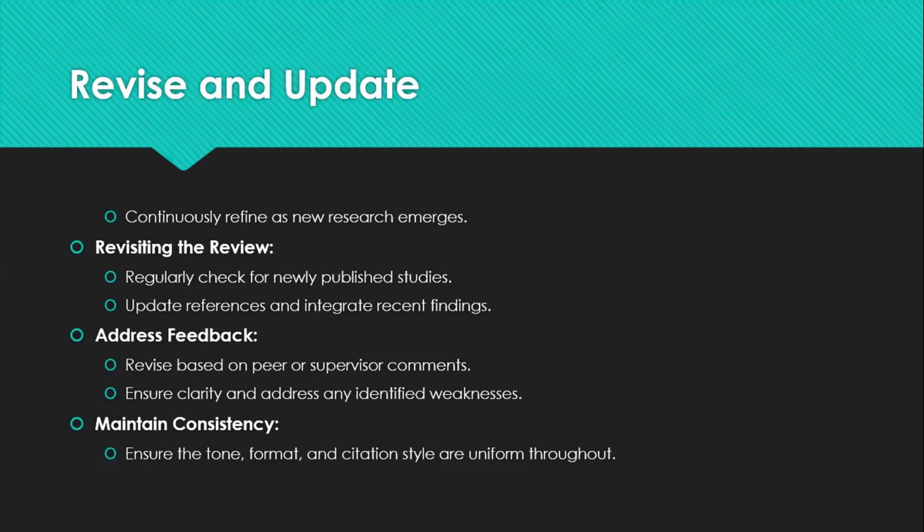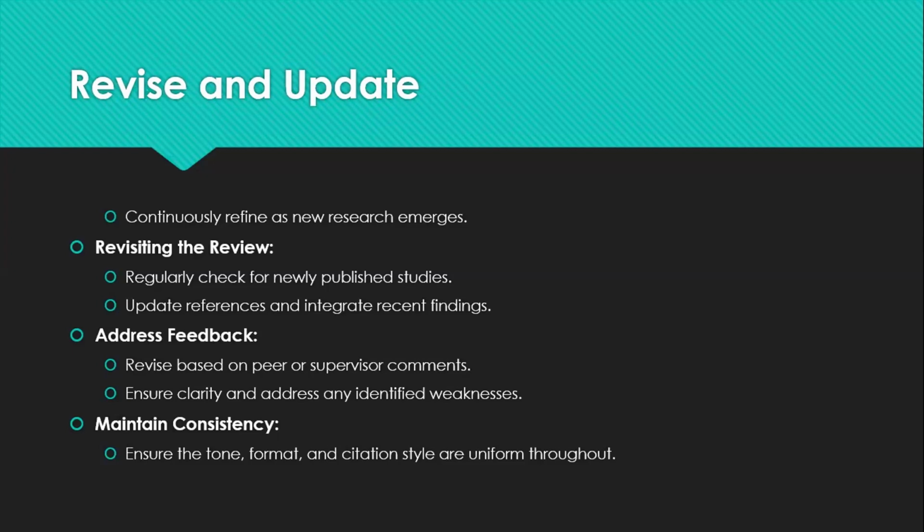Up-to-date references mainly focus on recent findings, whether any new studies have been done or any new review has been included, which reflects the latest knowledge in the field. That is about revisiting the review. Then the second one talks about addressing the feedback.